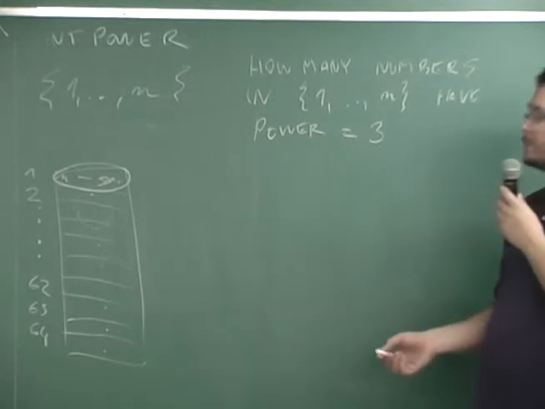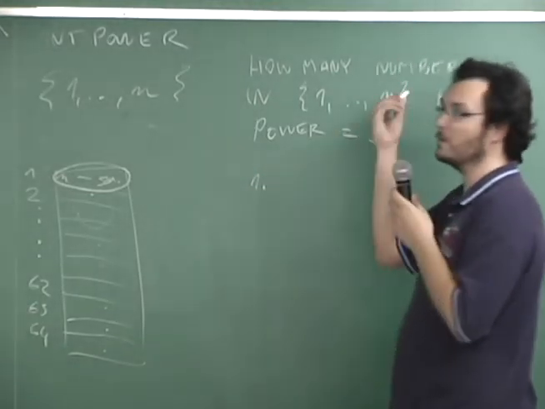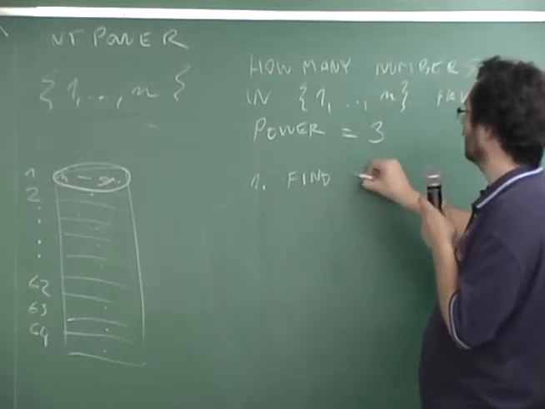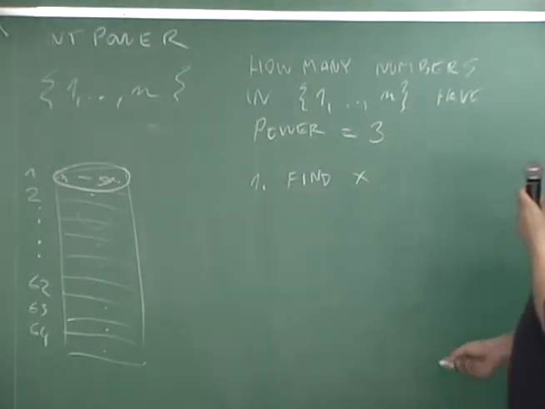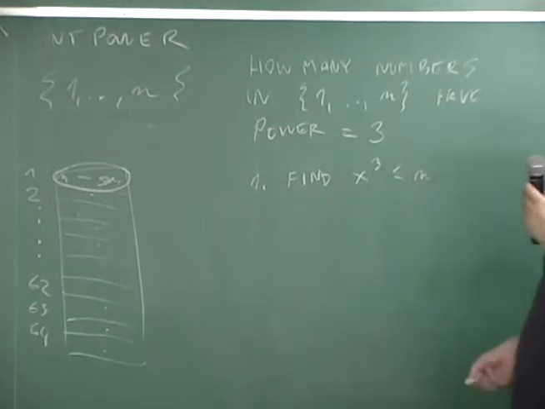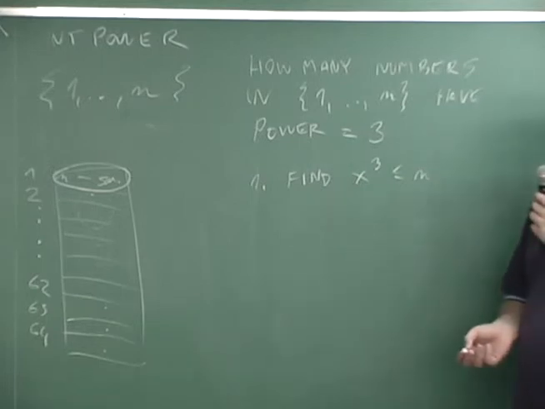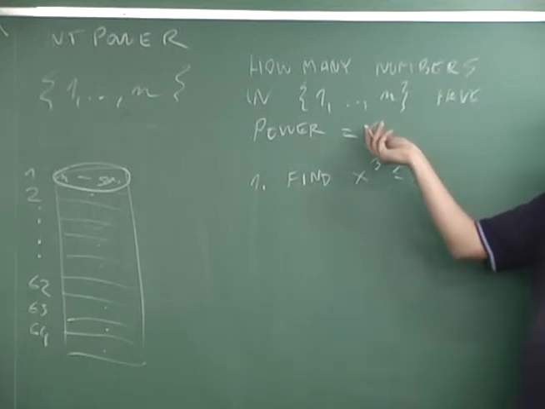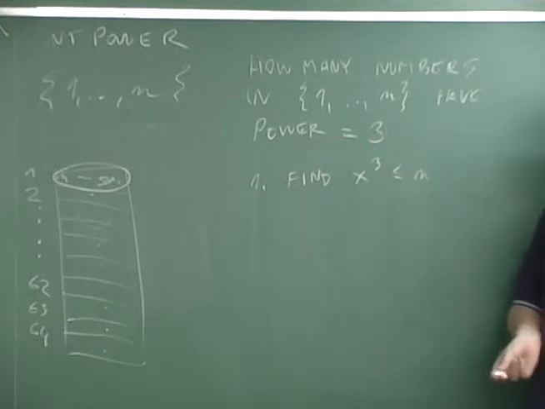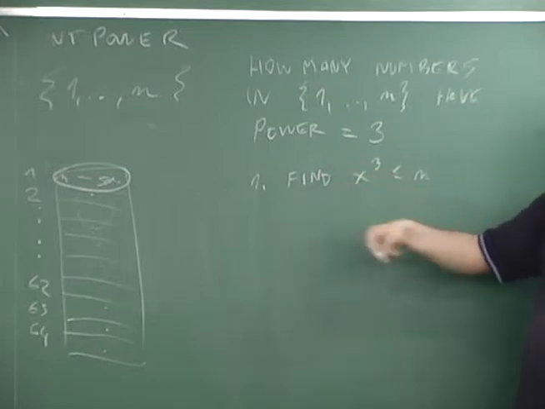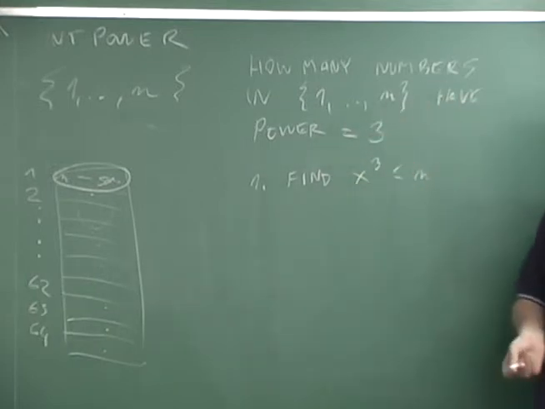Well, in the first step, we will solve the equation I had here. So we will find the largest x such that x to the third is still less than or equal to n. So we know that there are at most x numbers that have power exactly 3. Why is it at most? Because some of these numbers will actually be larger than third powers of something.